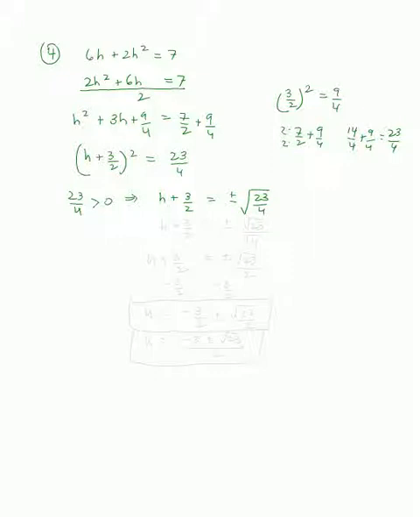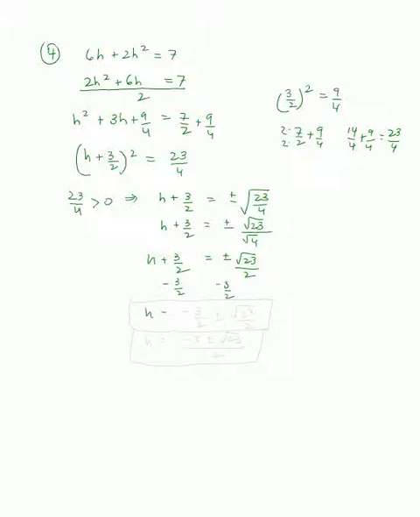We should simplify this right side, though. We have h plus 3 over 2 equals, I could write this as root 23 over root 4, which is root 23 over 2. Subtract 3 halves from both sides.